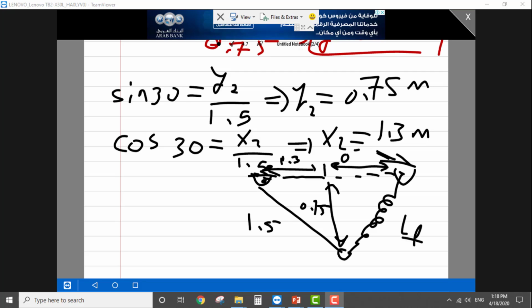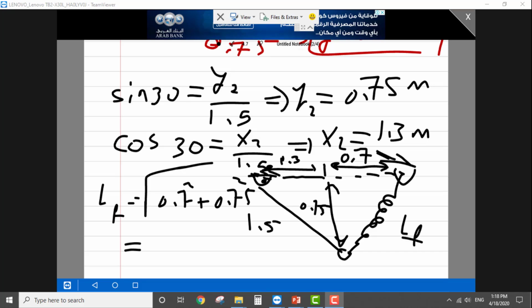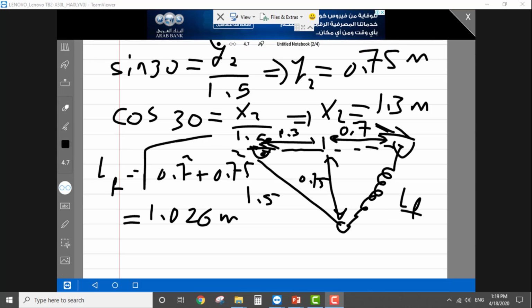So 2 minus 1.3 is equal to 0.7. So L final will equal the square root of 0.7 squared plus 0.75 squared. Using the calculator, the square root of 0.75 squared plus 0.7 squared is 1.026 meter.